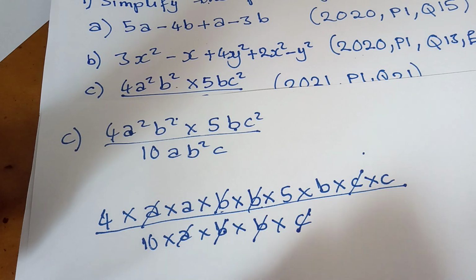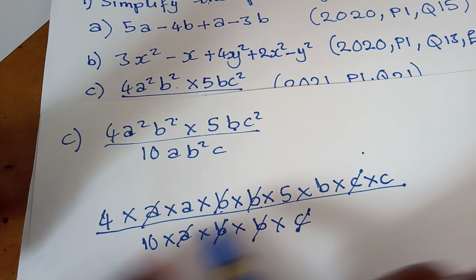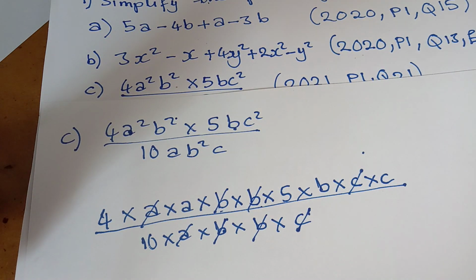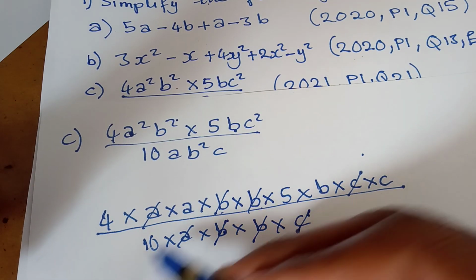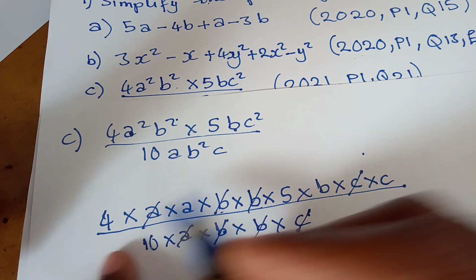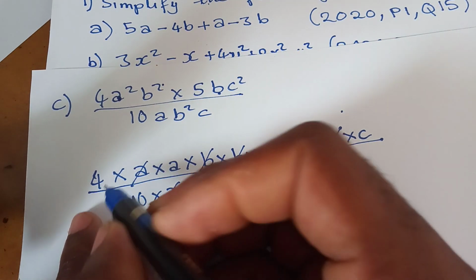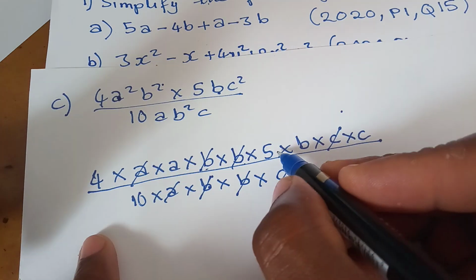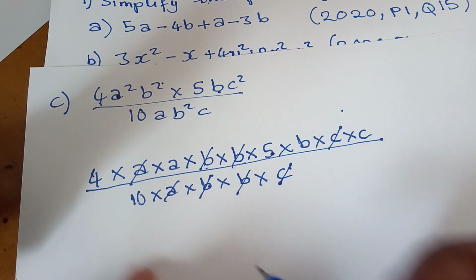So now next we can check the numbers and find the common factors. So if you want, you can also cancel the numbers out like this, or you can multiply them first, which I think is easier. So you can say 4 multiplied by 5, this would be a 20.